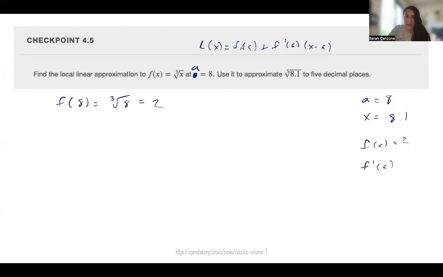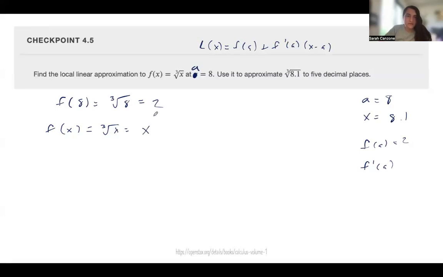Now we can find f prime of a. So first we need to find f prime of x. So first we need to convert this root to a fractional exponent because again, we can't actually take any derivatives of roots by themselves. So f of x is the cube root of x, which we can convert to a fractional exponent using the power over root rule.